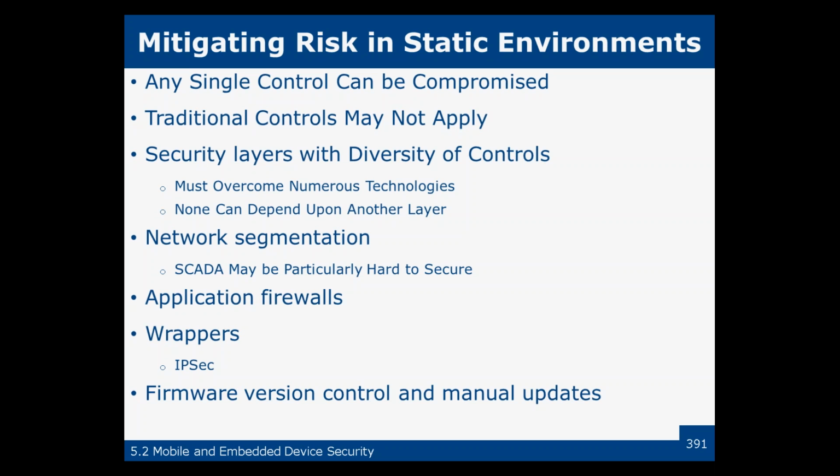Any single control can be compromised, and some of the traditional controls that we use may not be appropriate in these things. What we want to use, and not just in a static environment, in the dynamic environment too, is security layers.